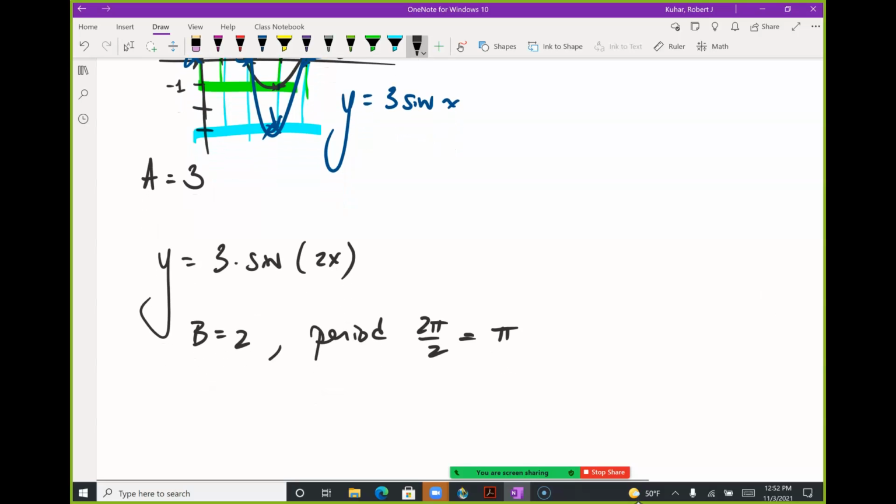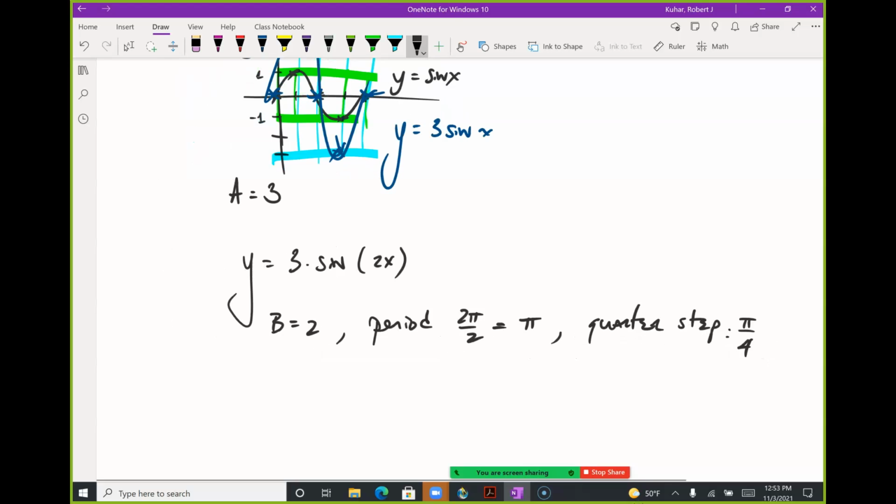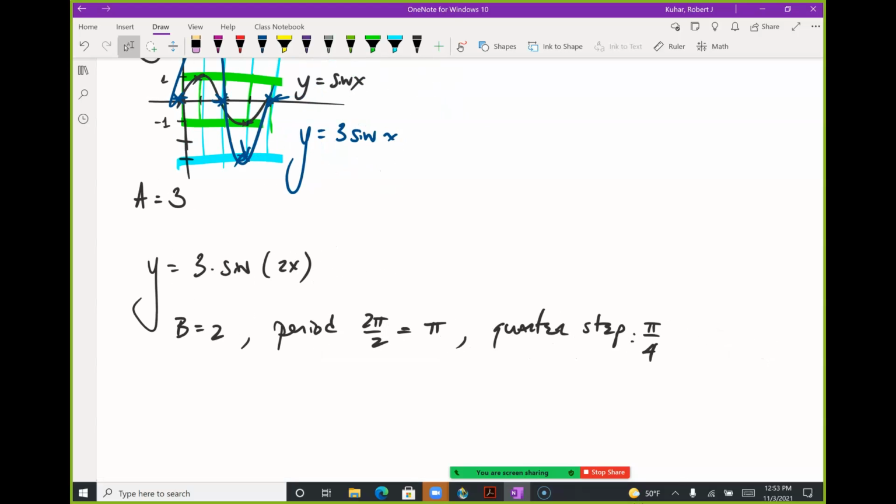So I know my period, I know my quarter step, is pi over 4. I always take the period and divide by 4. Quarters, 4 quarters. So my quarter step is pi over 4. Where do I start? I'm still starting at 0. What makes this 0? What x makes that inside 0? 0.